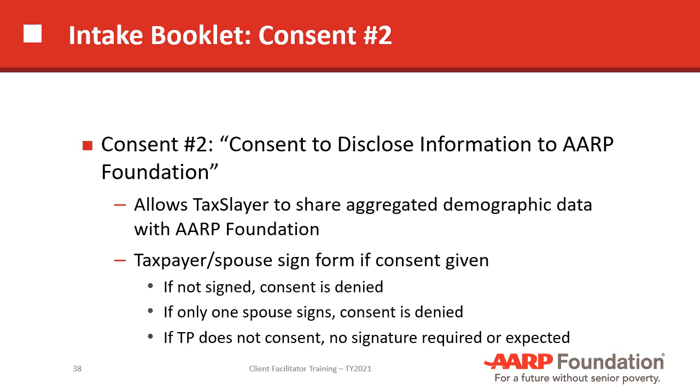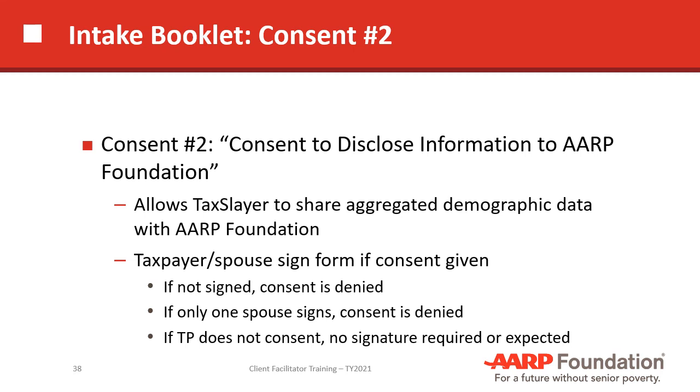Consent number 2. Consent number 2 is the consent to disclose information to the AARP Foundation, and it allows the TaxSlayer folks to share aggregated demographic data with the AARP Foundation. So this is not specific information about any particular taxpayer.